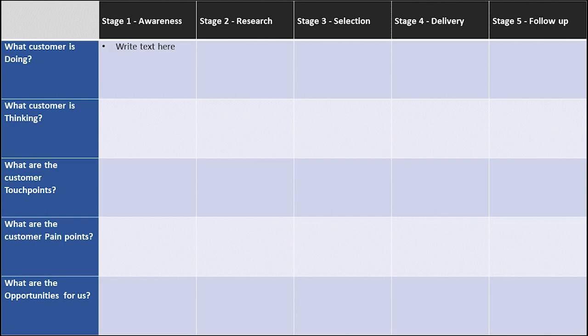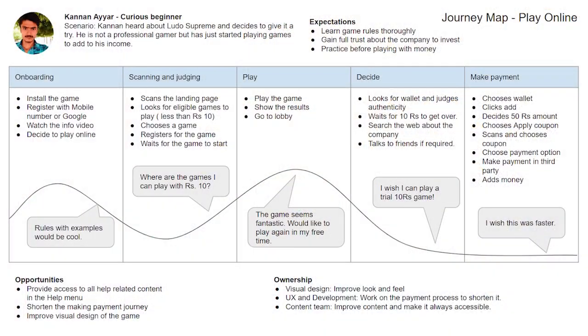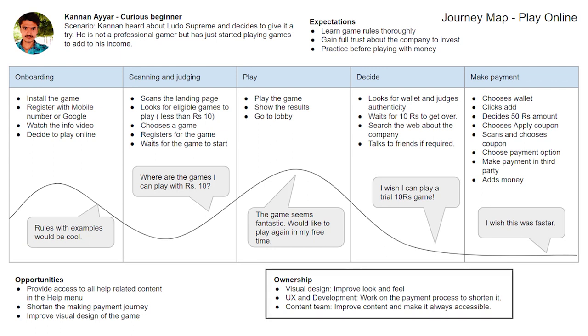On the y-axis, there are sections such as what the customer is doing, what the customer is thinking, what the customer touch points are, what the customer pain points are, and what the opportunities for us are. Once you are done with the workshop, all that remains is to create a customer journey map just like this one from the data that you have gathered from the workshop, and assign the ownership to the team members.